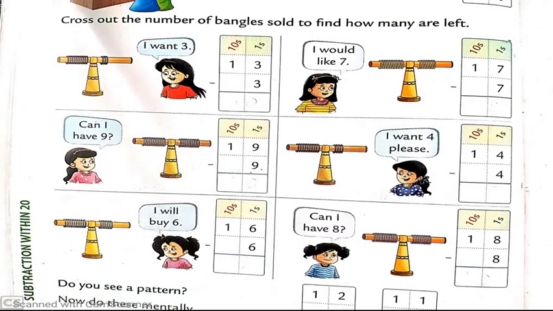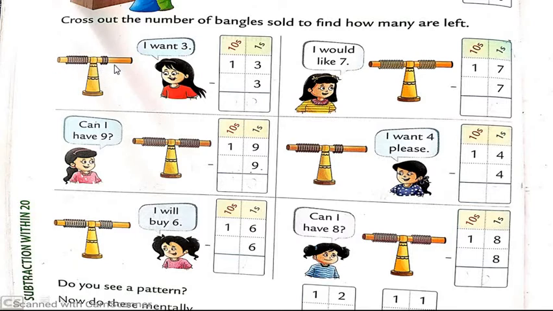Okay. Now see, there are some more examples of this subtraction. Cross out the number of bangles sold to find how many are left. Now we will count this sum with the help of these given bangles. Look at this. This is 13 minus 3. This is a set of 10 bangles and these are 3.